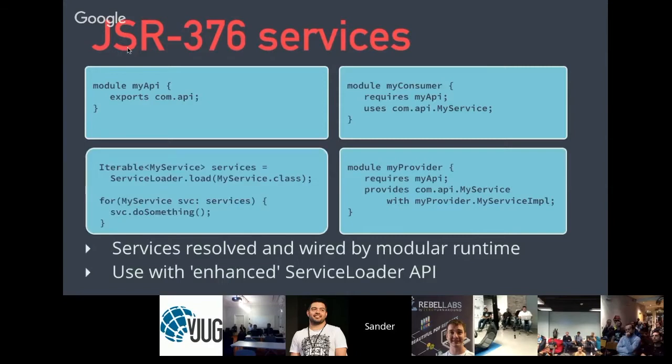And what you now can do inside of the consumer module is call ServiceLoader.load, pass it the MyService interface as a class object, and get back an iterable of all instances that have been registered as providers for this interface type. And then you can iterate over them, use them, select one, or if there's only one, just use it. However you want to do that in your application, that's up to you. But this way, through the service loader API and the uses and provides clauses, we can gain more decoupling between modules.